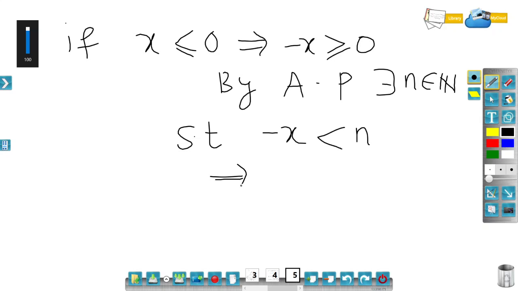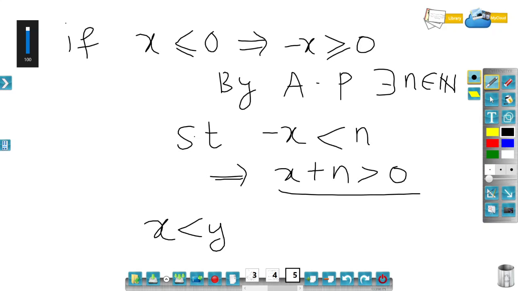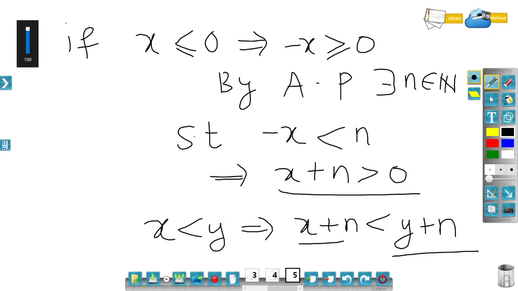This would imply x plus n is greater than 0. So this x plus n is a positive number. Moreover, x less than y would imply x plus n is less than y plus n. So I have two real numbers, x plus n and y plus n, and out of that one real number is positive.